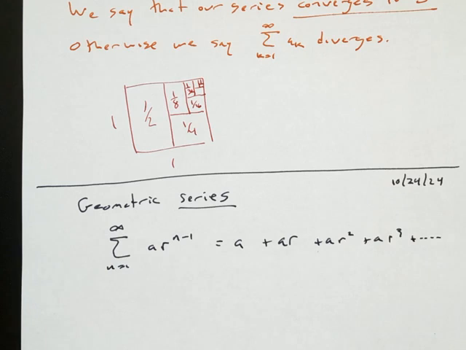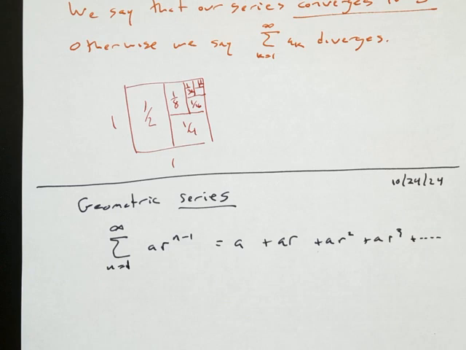Now, I've written that with our index starting at 1. That's why the power is r to the n minus 1 up there. Because I want the first one to have no r's at all. And then the second one has 1 r, and the third one has 2 r's. That's why that's 1 less.